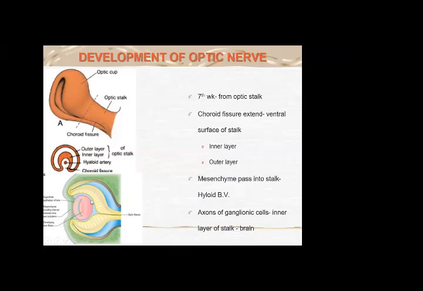The axons of these ganglion cells pass into the optic stalk from all over. Axons lining the innermost layer of the retina pass into the optic stalk, over here. And from there it enters into the brain, because the cavity over here is continuous to the cavity of the brain.